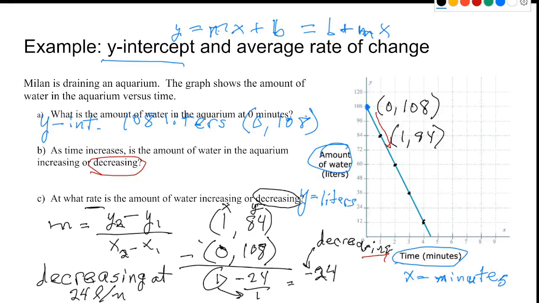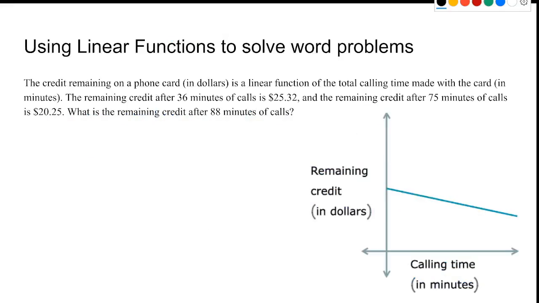A rate also always has units on it, liters per minute. Okay, so that's an example of something you'll be working on.